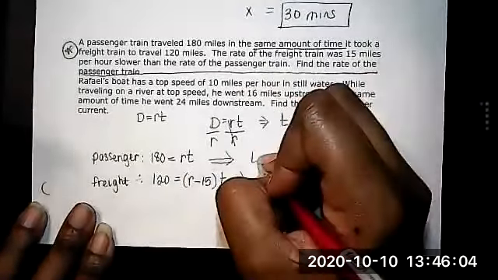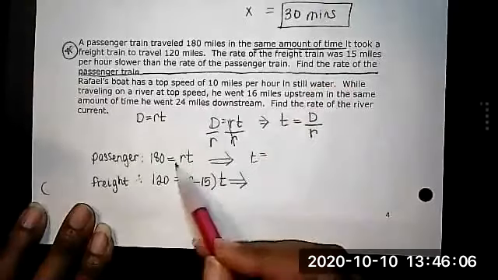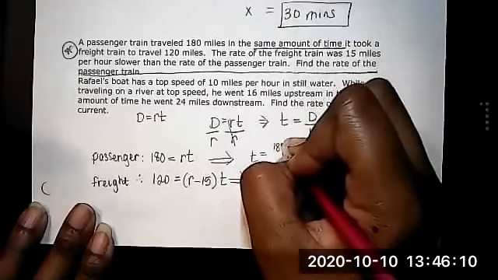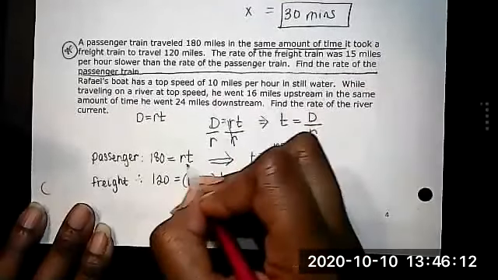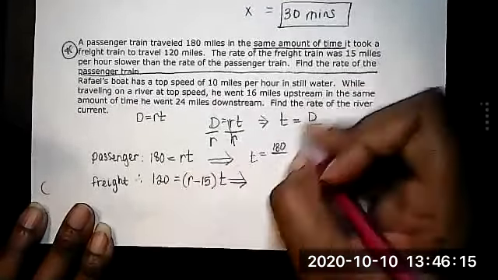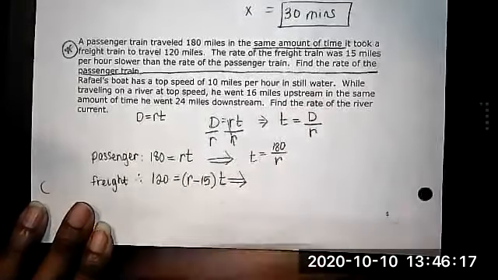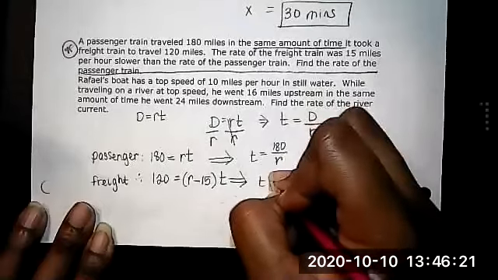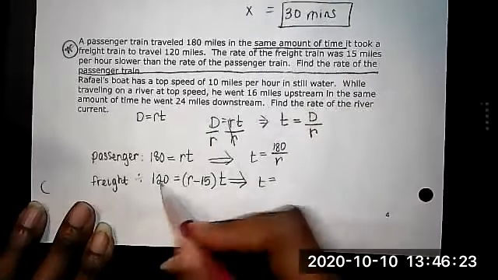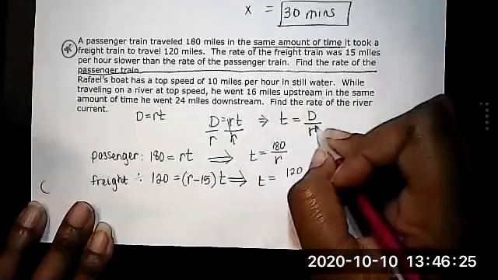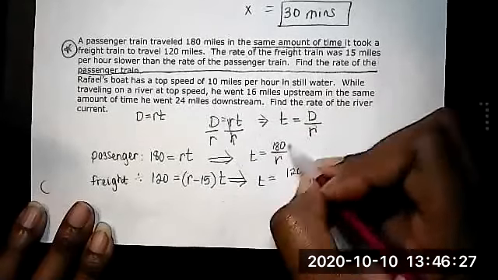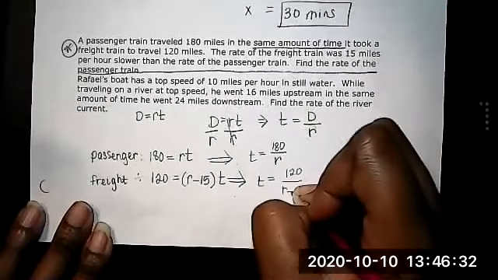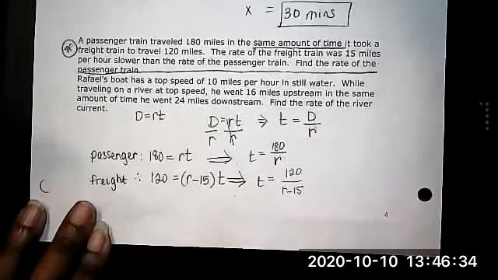T here is going to be equal to distance, which is 180, over, if we divide by R, distance over rate. And then let's look at this T here. T is equal to the distance, which is 120, over rate, which in this case is R minus 15. That is what T is equal to.